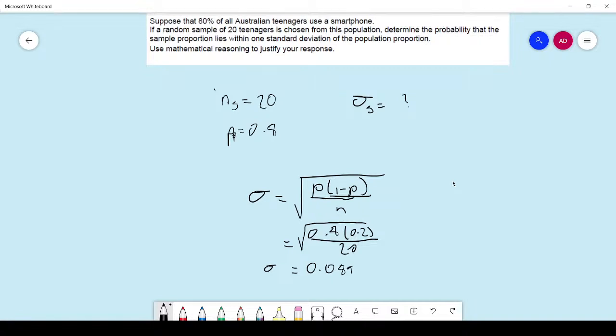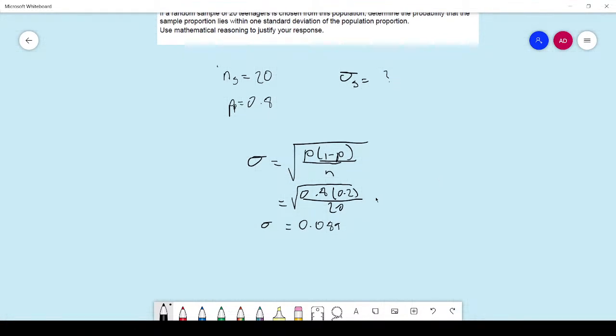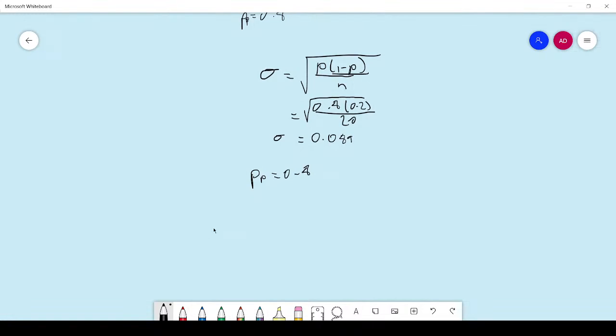So if I'm interpreting this correctly, if the average for that is 0.8, we need to find the probability that the sample is within this much either side.